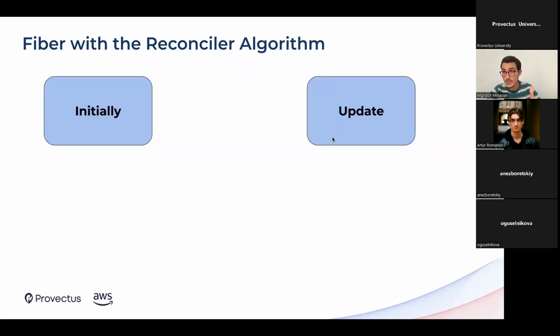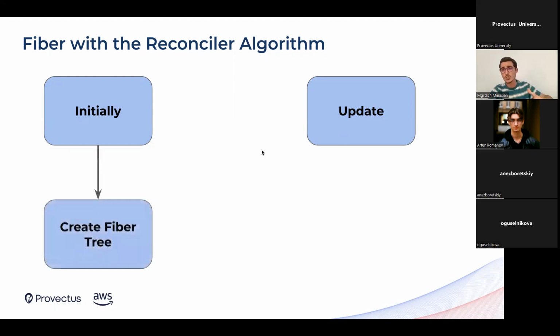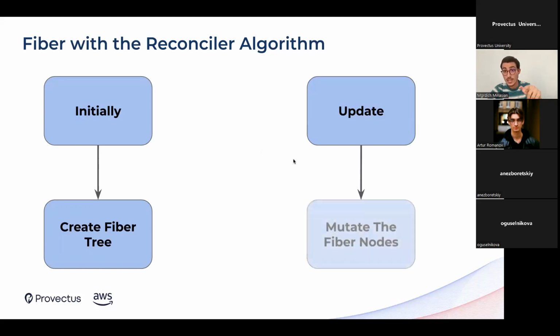We have the initial rendering, where you actually ReactDOM.render something, and you have the update case. The initial rendering is when you actually create the fiber tree. You don't have anything yet. You just go through the children with the algorithm that I said. You create the fiber tree, or during the update, you mutate your fiber nodes.